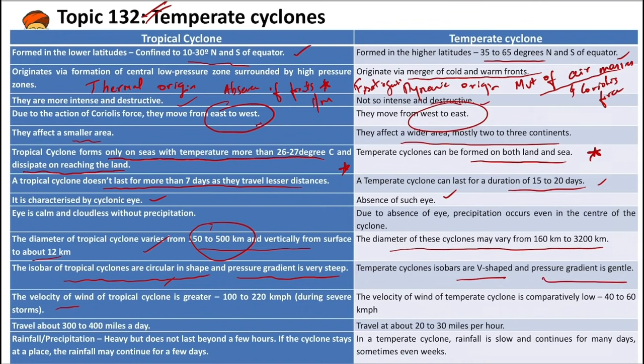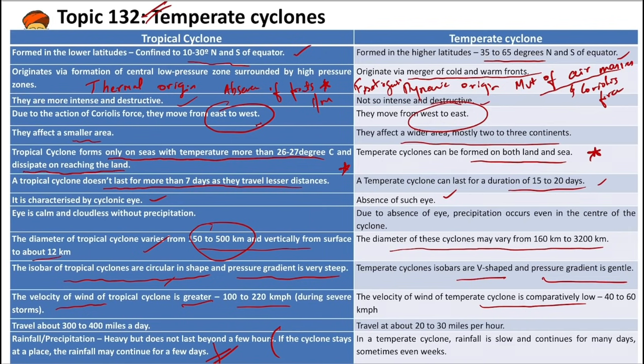So next, the velocity of wind. In a tropical cyclone it is greater, usually 100 to 220 km per hour, whereas the velocity of wind of a temperate cyclone is comparatively low. So next important difference is the rainfall or precipitation. Usually rainfall in tropical cyclones is very heavy, but does not last beyond a few hours. If the cyclone stays at a place, then there will be continuous rainfall for a few days.